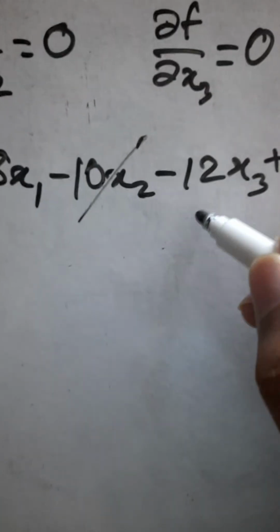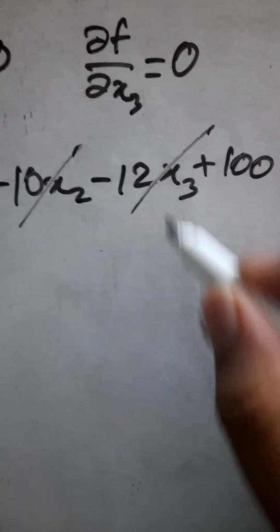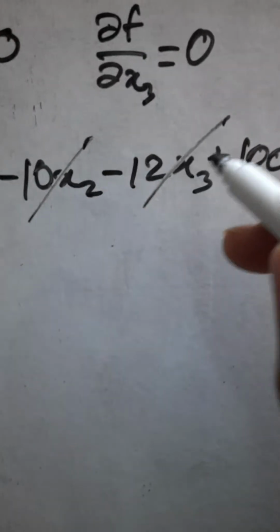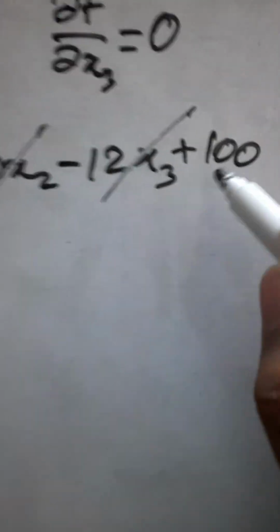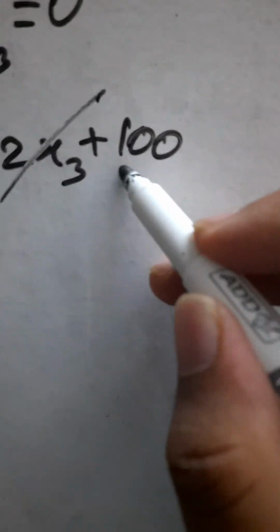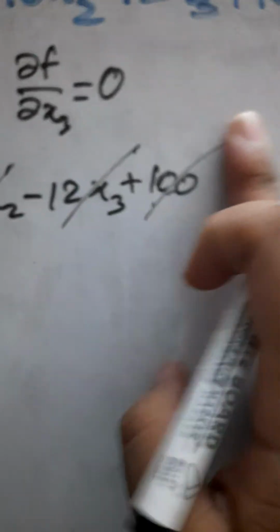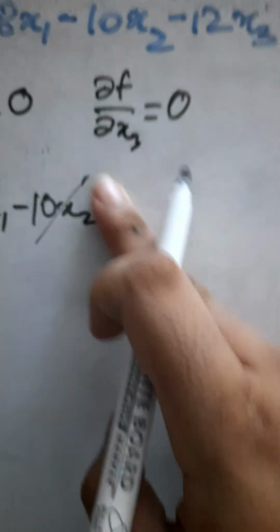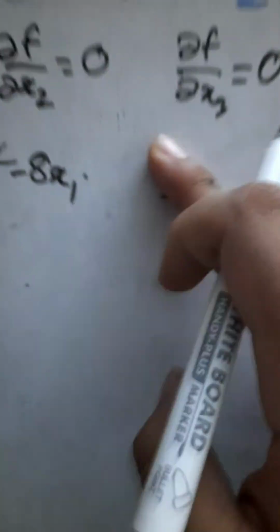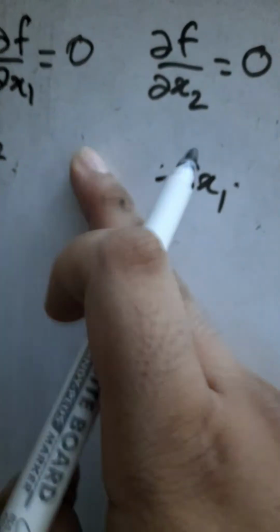So we are taking only x1 terms because the others are constant. We rule them out: this is a constant into a constant, still a constant, and this is a constant with x3, so we don't care about them. And 100 is still a constant.